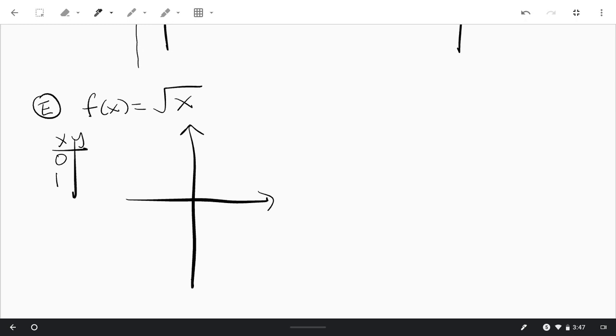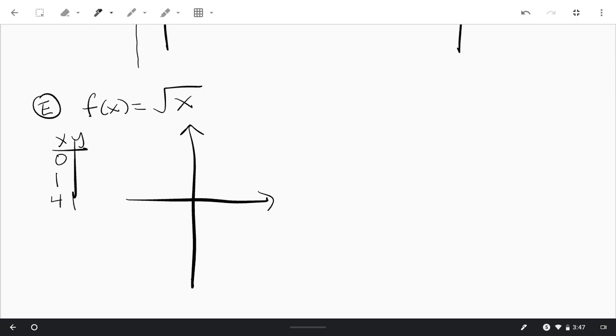Okay, so I'm not going to choose -1 as my third point. I'll choose 4. Why do you think I chose 4? Because it's a perfect square. Okay, you can go ahead and choose 2 if you want, or 3. But I'm going to choose 4 because square root of 4 is 2.